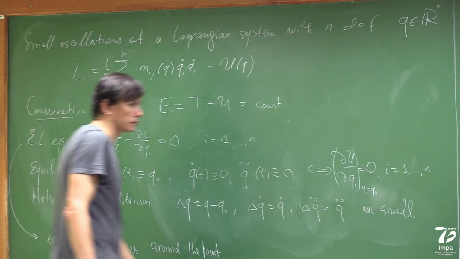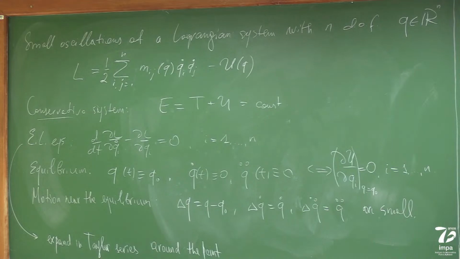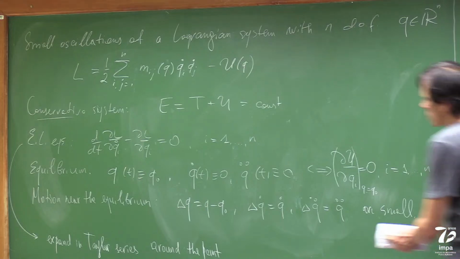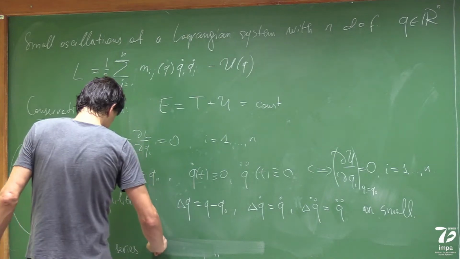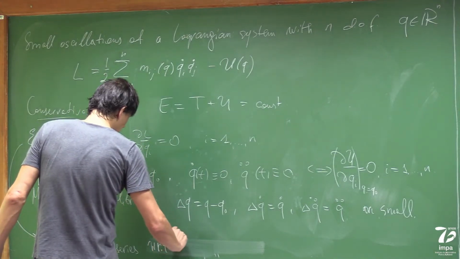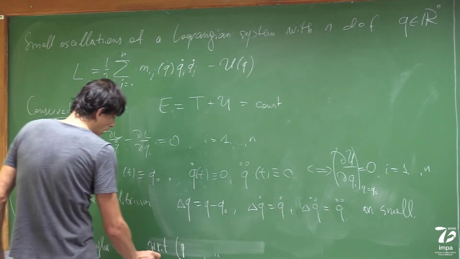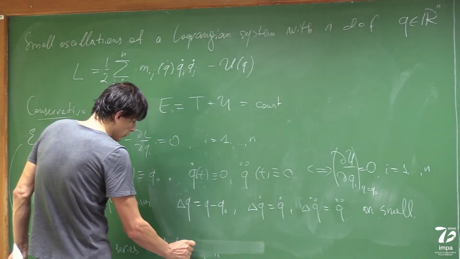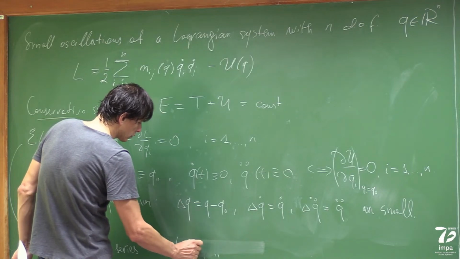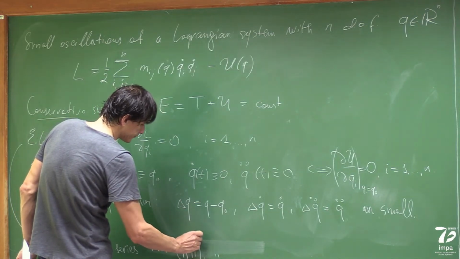Let's write the Taylor series with respect to all arguments that enter here. So what enters here is coordinates, velocities, and also acceleration.